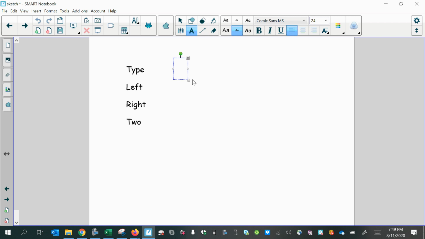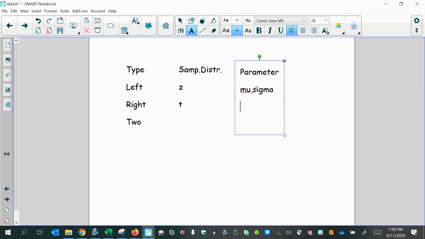You could also have the distribution, the sampling distribution, could be Z or T. And the population parameter that you're doing a claim about could be mu with sigma known, mu with the sample standard deviation S known, or a proportion.